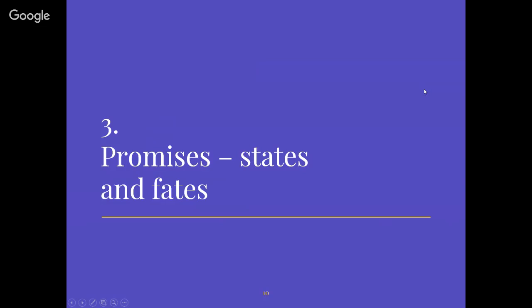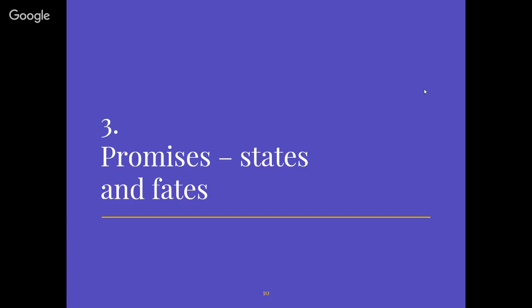So a promise has two things that are called states and fates, which are very typical to it. There's no other data type in JavaScript that has a state and a fate. Once you start using promises, making a difference between states and fates is very confusing at first.